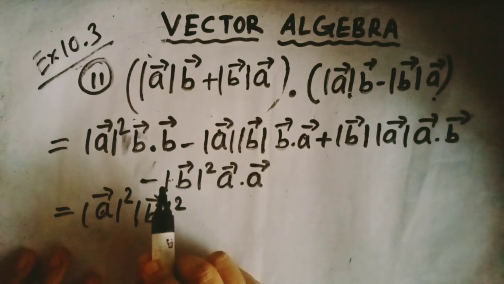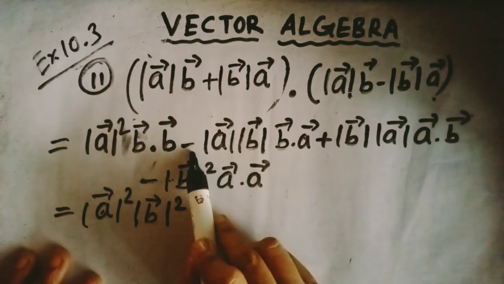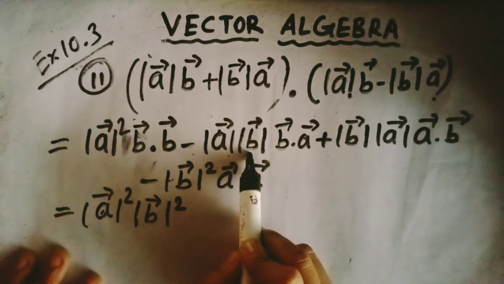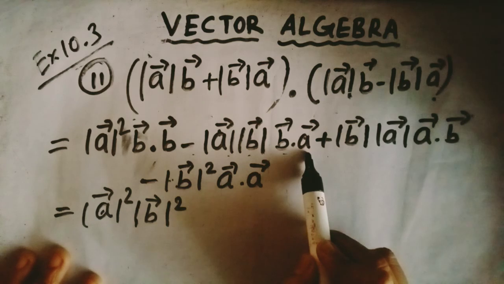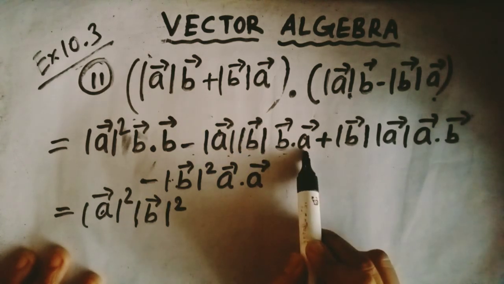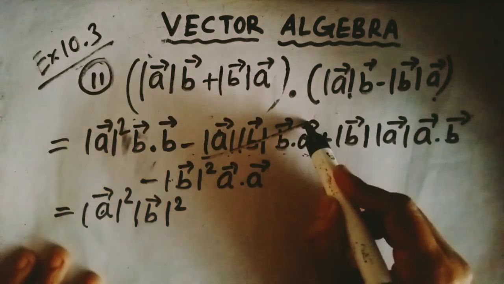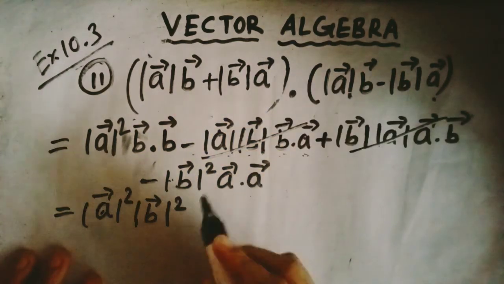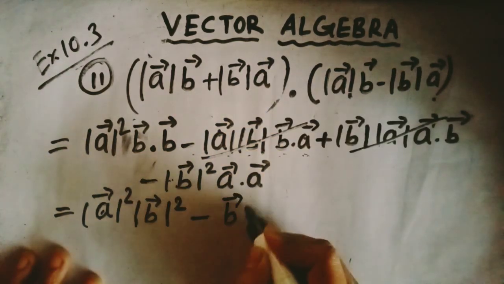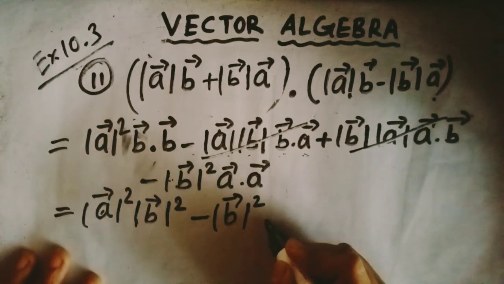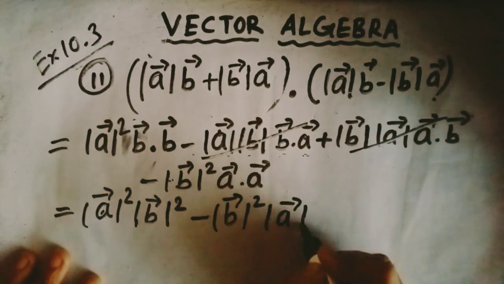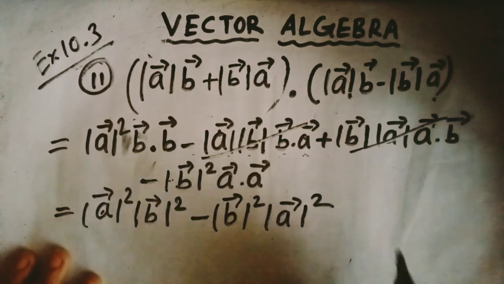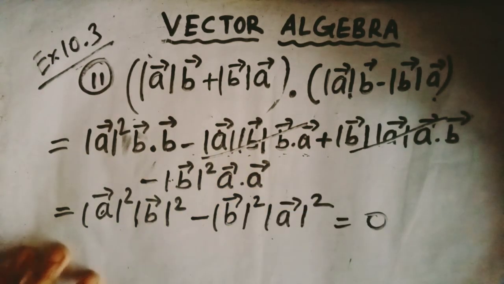Then this is minus a b b dot a, which is same as a dot b, right? Because both dot product is commutative. So this and this get cancelled. You will get here into E, and these two are same, so this is equal to 0.